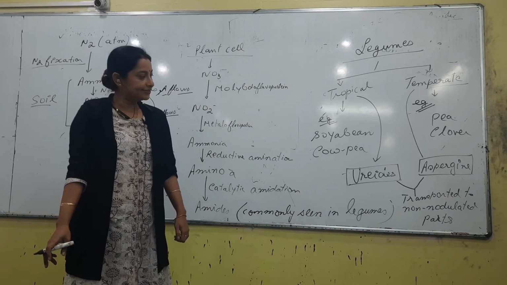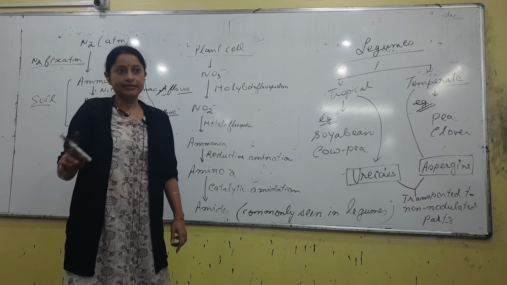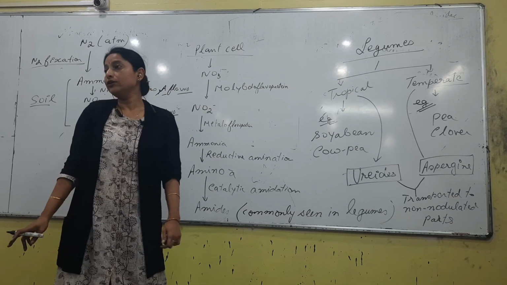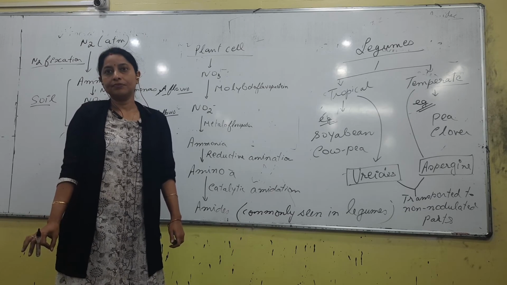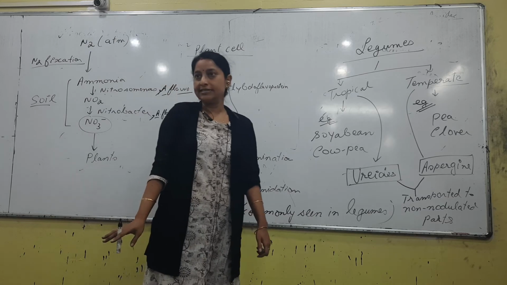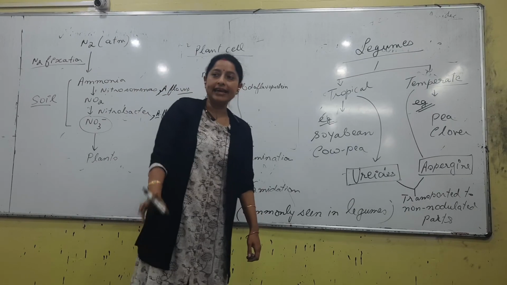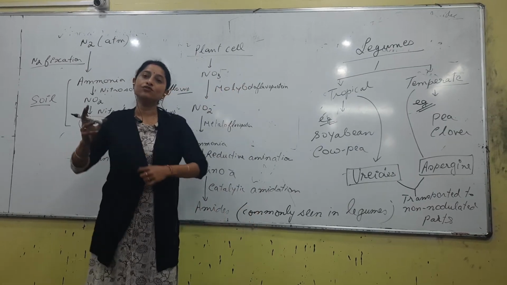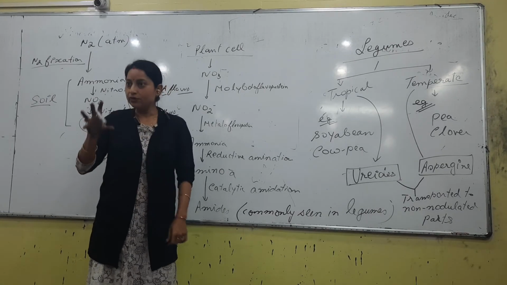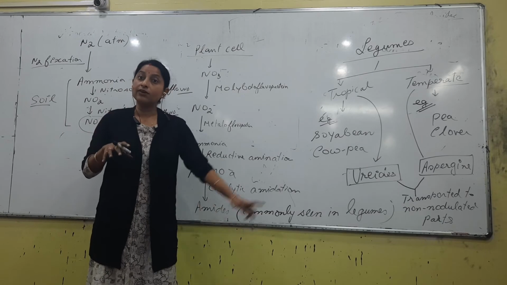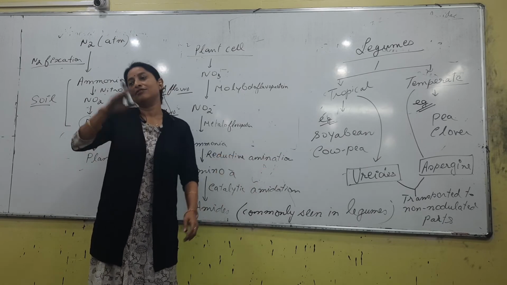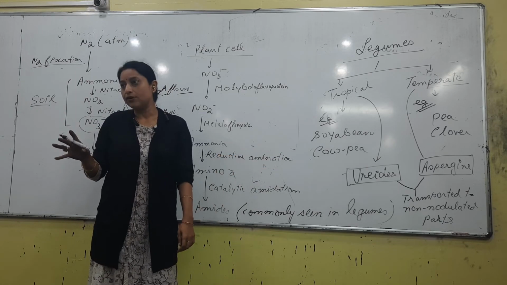What did I write? Transported to the non-nodulated parts. What does that mean? We are talking about amino acids. We are talking about amides. Amino acids and amides are formed in the nodules. What is a nodule? The collection of the cells. So these are inside the nodules, but these need to be transported to the different parts of the plant body also.